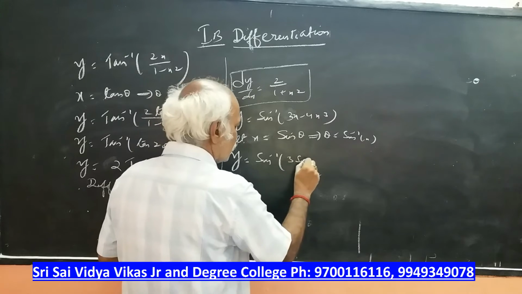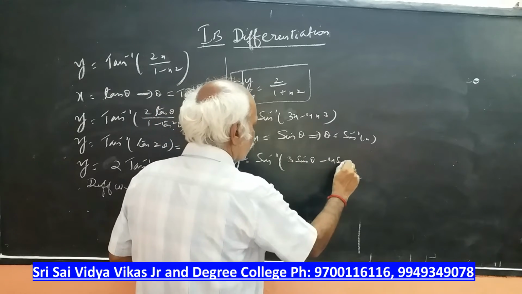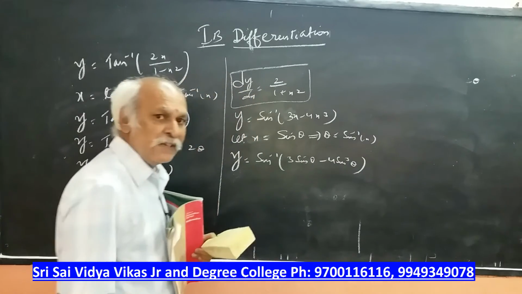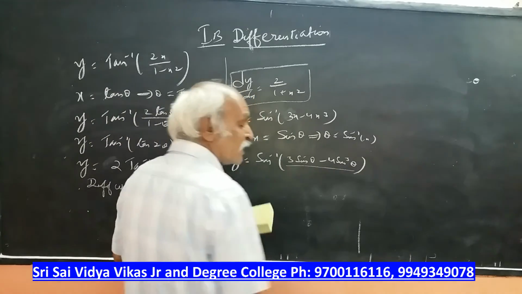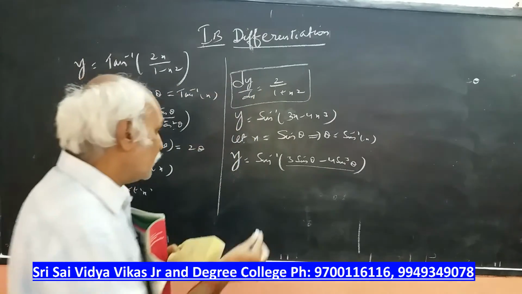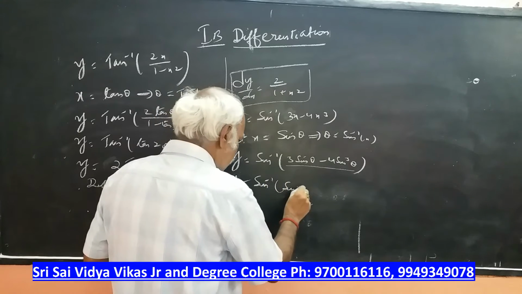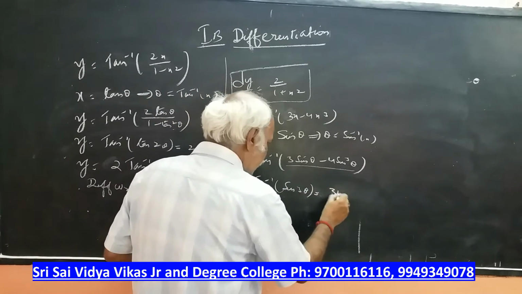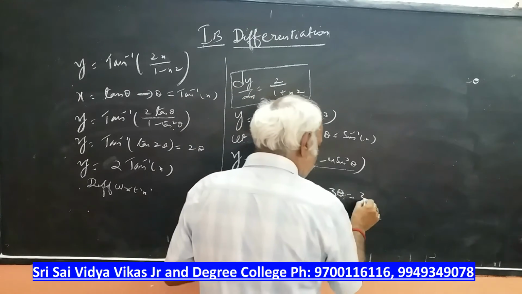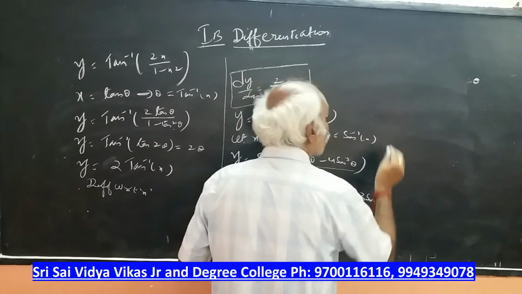Then 3 sin theta minus 4 sin cube theta. Again, this is a formula, sir: 3 sin theta minus 4 sin cube theta is the sin 3 theta formula. So, y is equal to sin inverse of sin 3 theta, which is 3 theta. Again, 3 into sin inverse x.